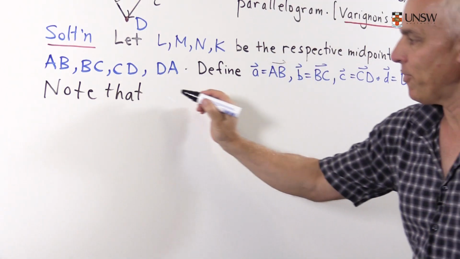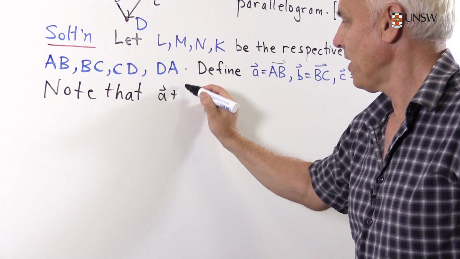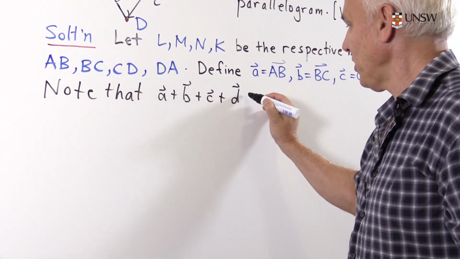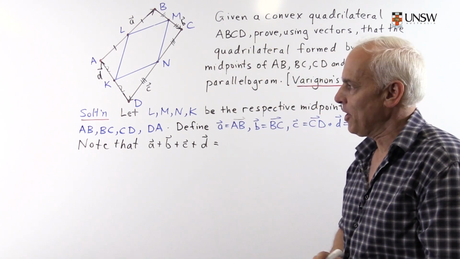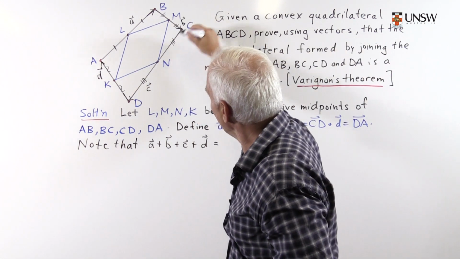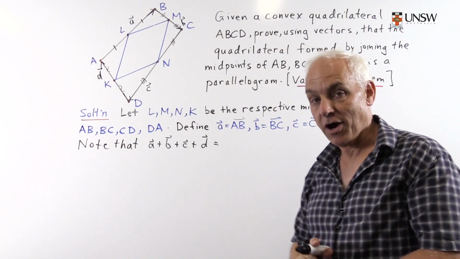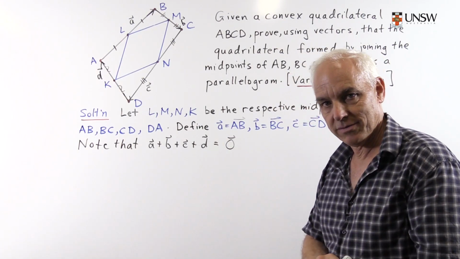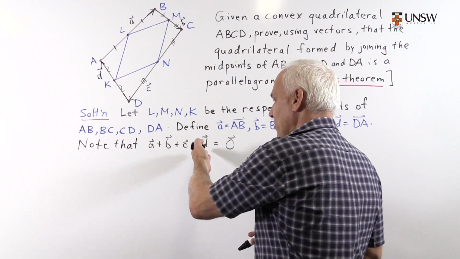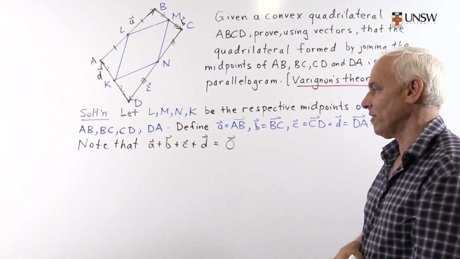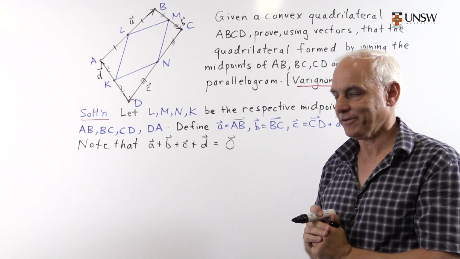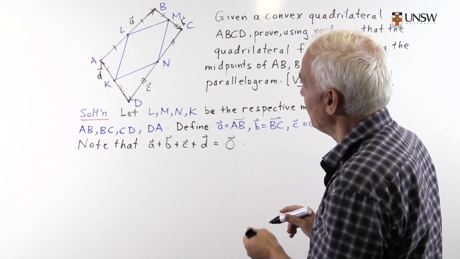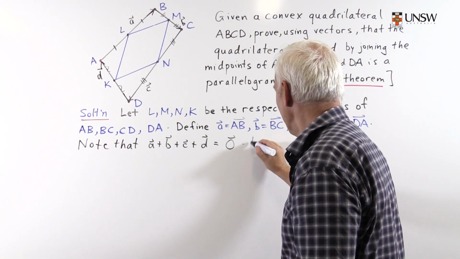If we add up the vectors a plus b plus c plus d, we're going to go all the way around this quadrilateral and back to where we started, so that the total vector is the zero vector. So this is a linear relationship formed by these four vectors. They are not independent.